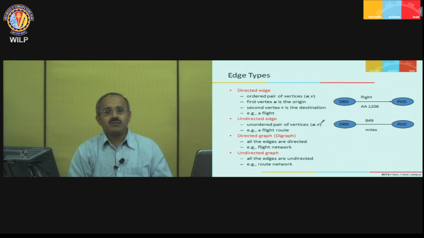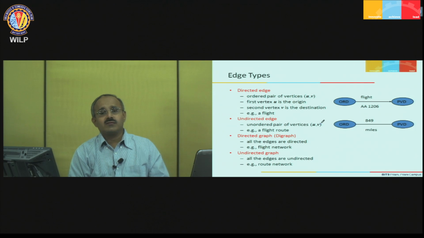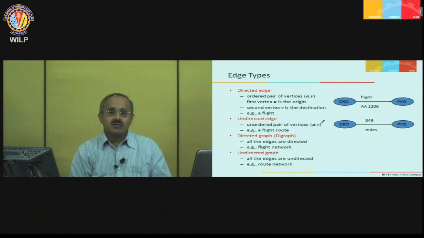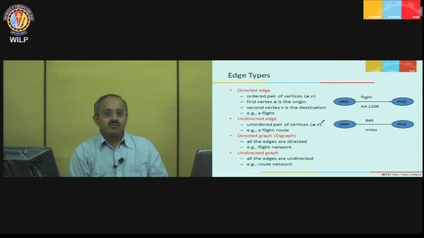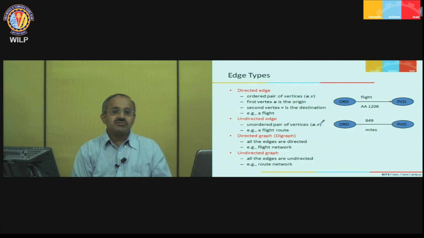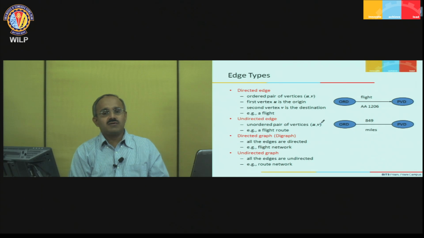As already observed, your graph can be of two types. One where it represents relationships which are symmetric, and the other where it represents relationships which are not symmetric. So, we define this in terms of directed edges and undirected edges.